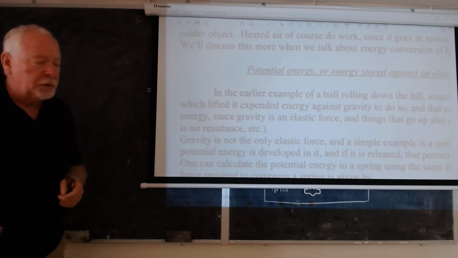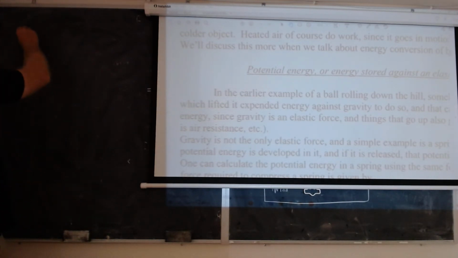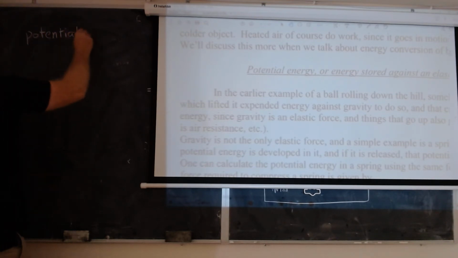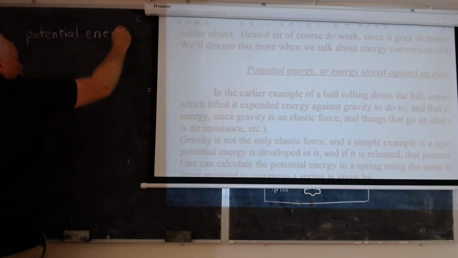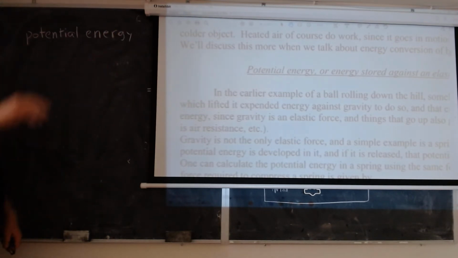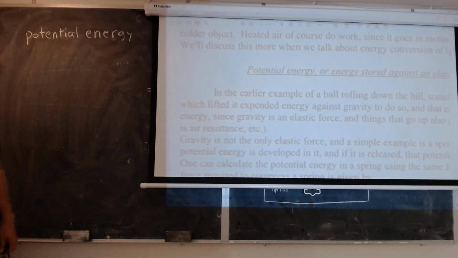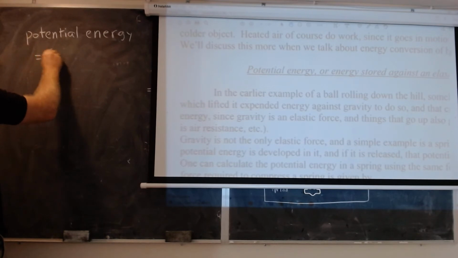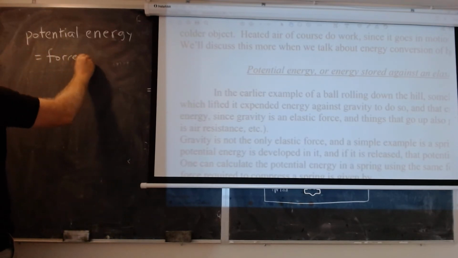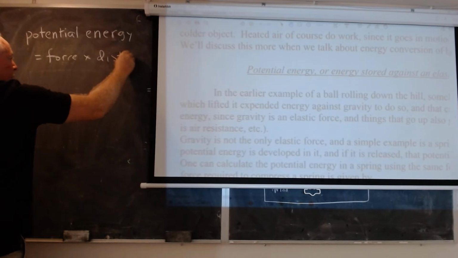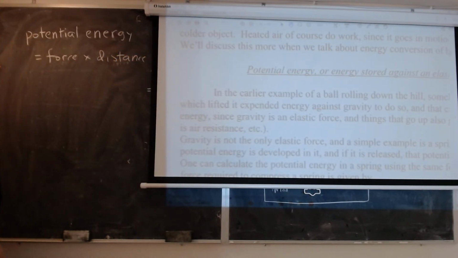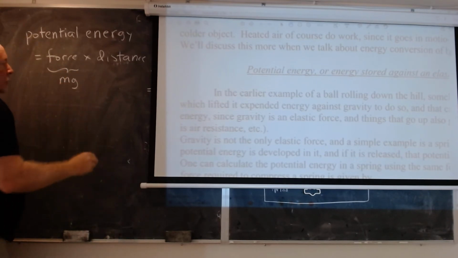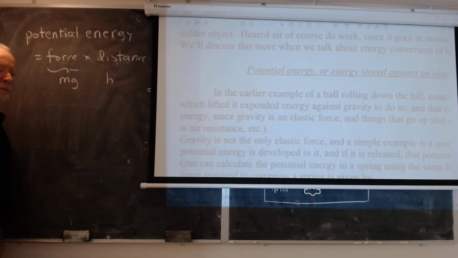Potential energy is equal to force times distance, just like any other form of energy. In this case, the force is mg, and the distance is the height, h: mgh.